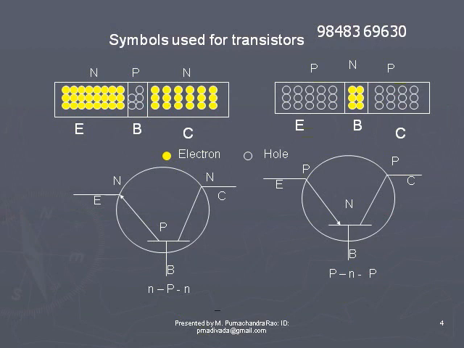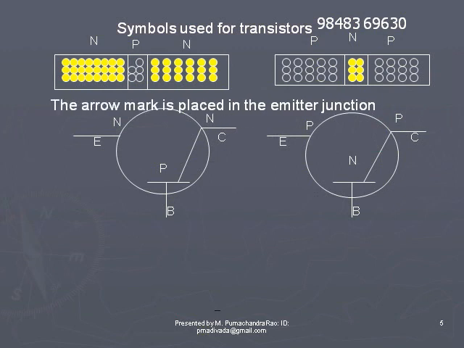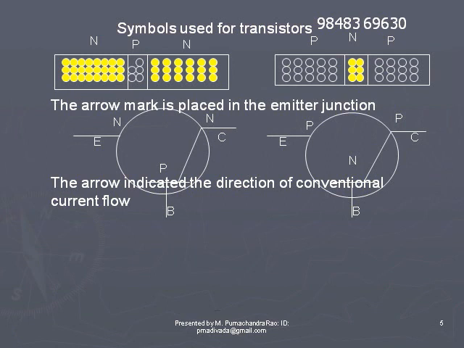Similarly, in a PNP transistor, the emitter is P-type material, the collector is P-type material, and the base is N-type material. So the conventional current flows from emitter to base. Hence, an arrow mark is drawn from emitter to base. If the arrow mark is from emitter to base, it is a PNP transistor.